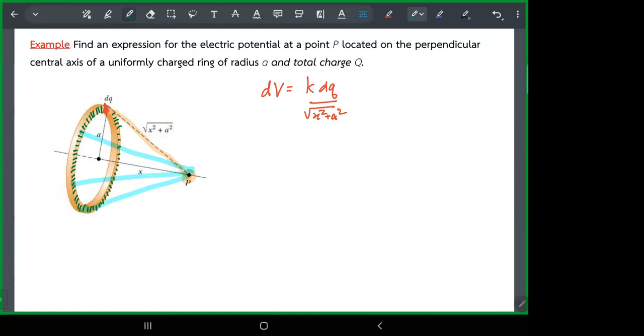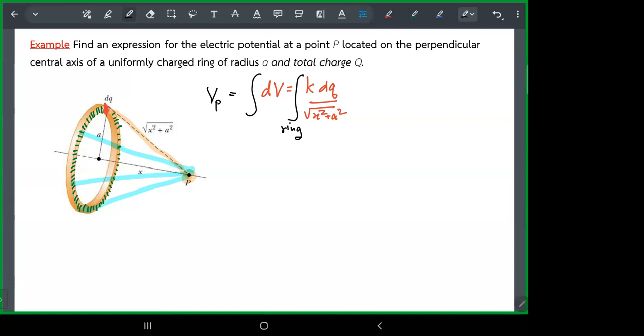So all you need to do is sum them up. With me, guys? You just add all of the dV generated from all the dq on the ring. So all you need to do is the pure summation of this whole thing throughout the ring. Once you're done with that, that's your net potential at point P.